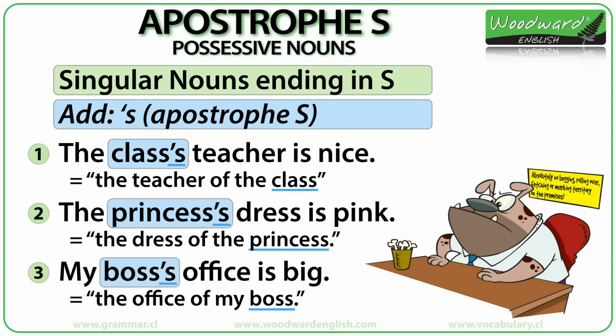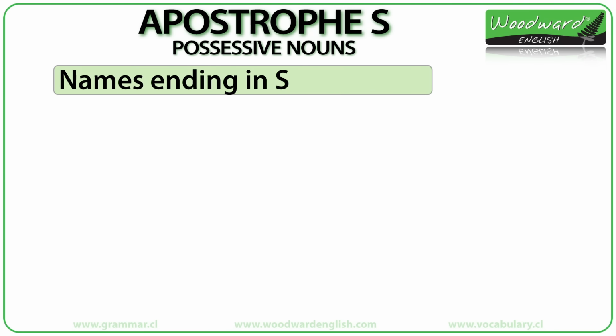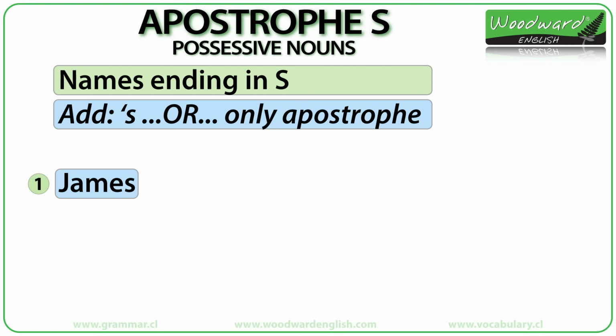All of these nouns, class, princess, and boss, end in S, but they're singular nouns, so we just add the apostrophe S at the end. How about with the names of people that end in S, like James or Louis or Jones? Grammarians are divided between adding an apostrophe S or only the apostrophe.